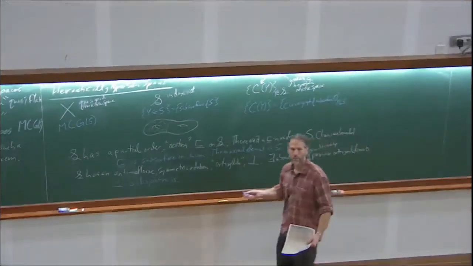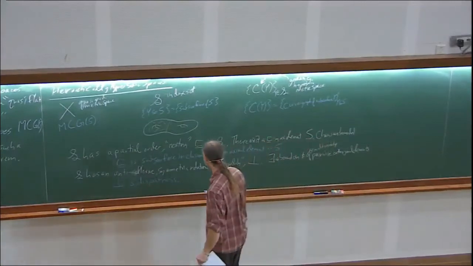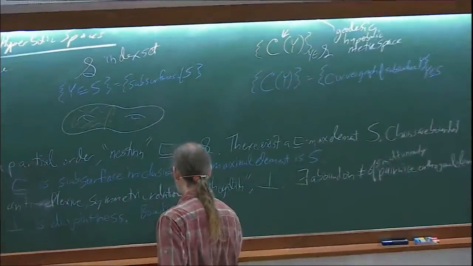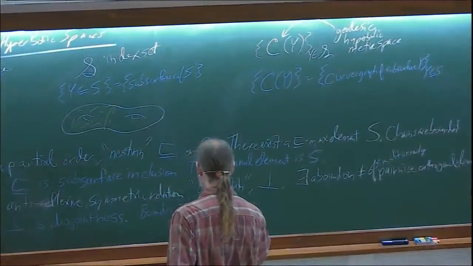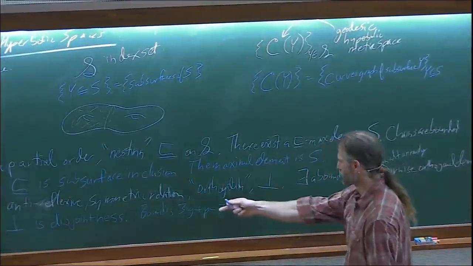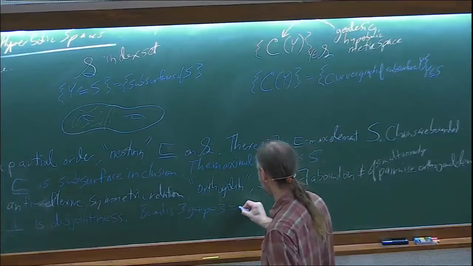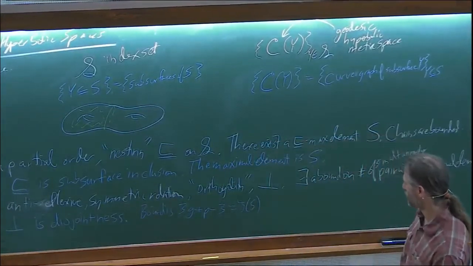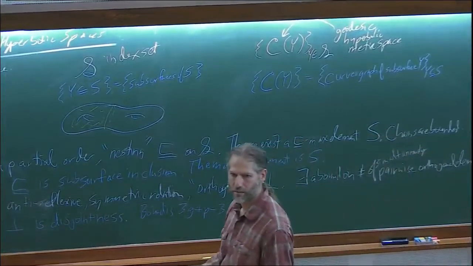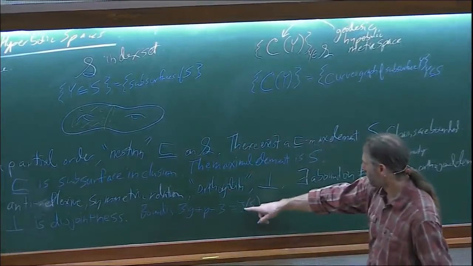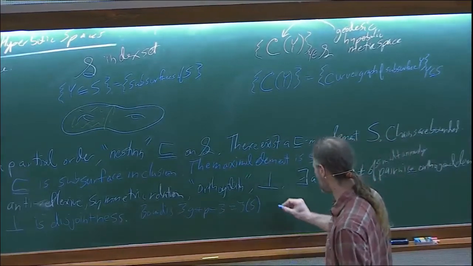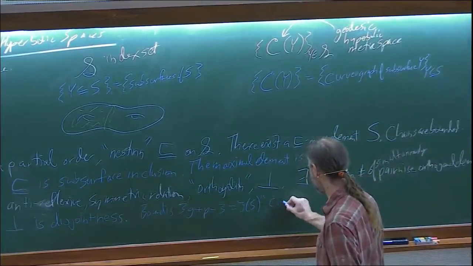It's the complexity of the subsurface, so the bound is 3g plus p minus 3. Sometimes this is called the complexity of the surface, often denoted C of S.